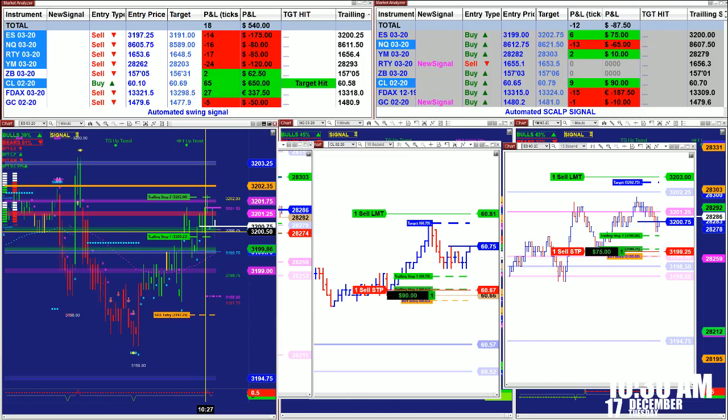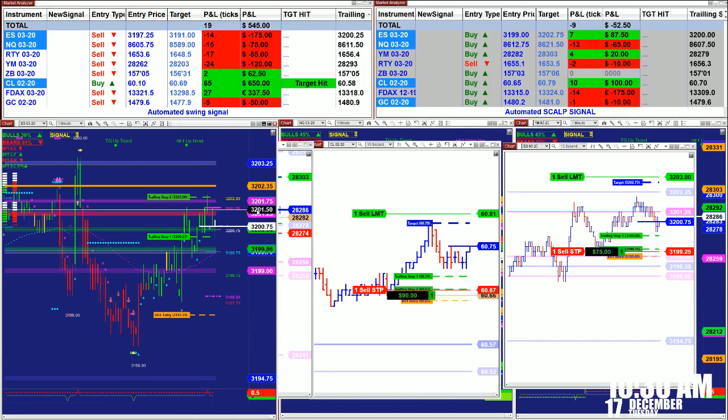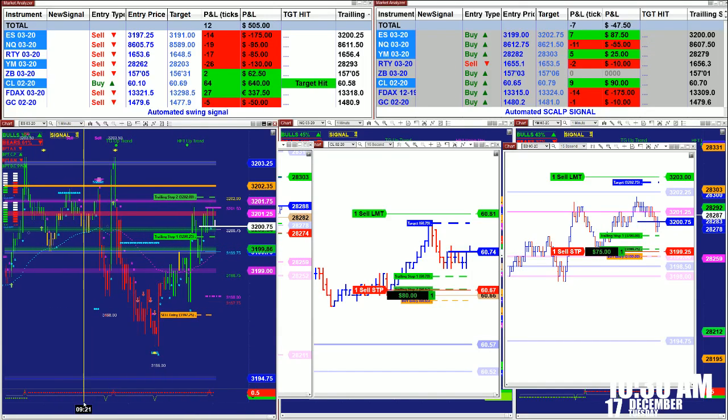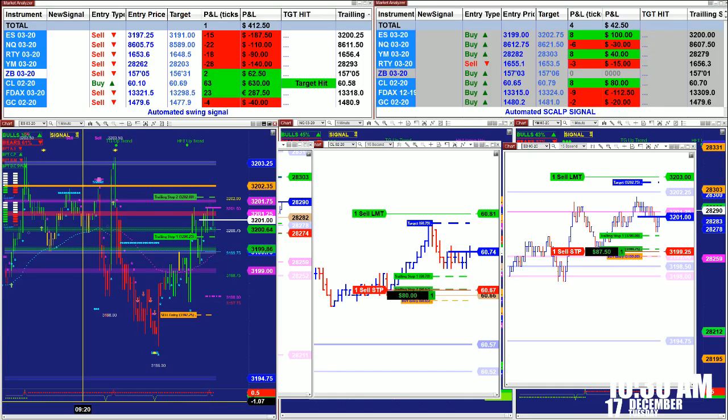If we look at the ES here, this is a not tradable area, whether you are auto trading, manual trading, hand trading, it's not tradable.